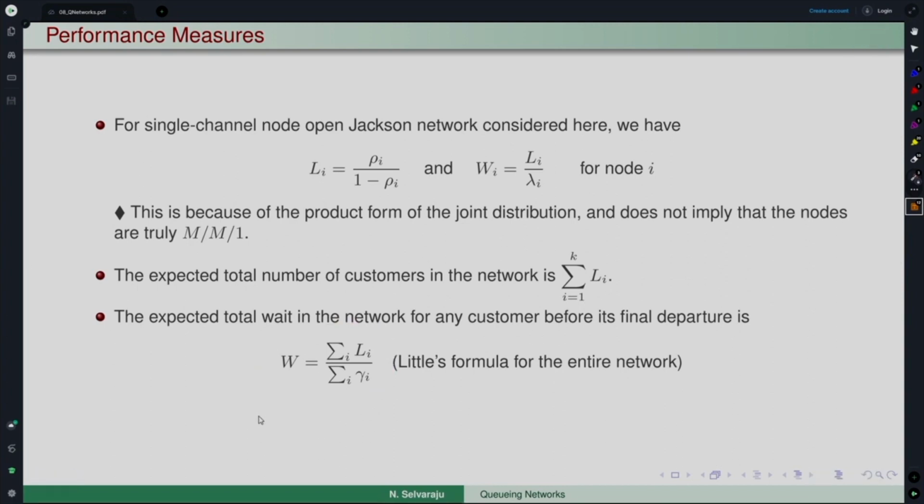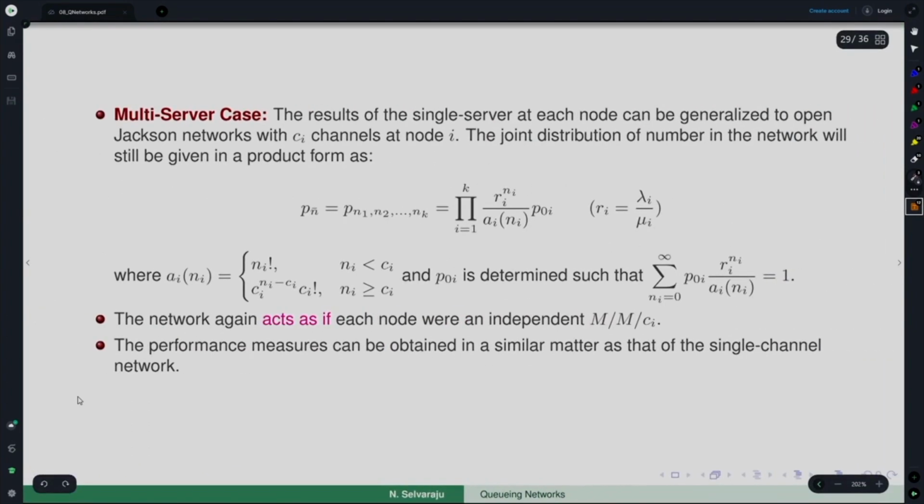There are other performance measures which one can define, but let us not worry about that too much. One other performance measure that is sometimes used is the number of visits to a particular node, because there is feedback and so on.